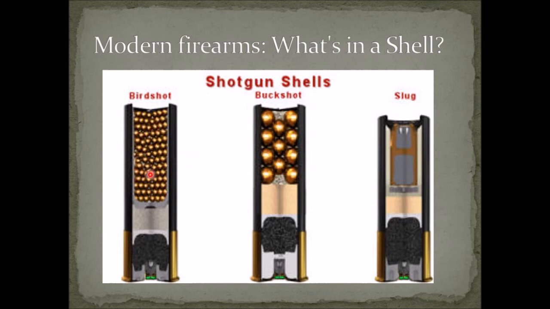So bird shot, obviously made to kill birds, very small, but lots of it. If I have 12 gauge, that means even though there's hundreds of shot in this single shell, it would take 12 of these shells to equal 1 pound. Does that make sense? Whereas buckshot, now I have much larger shot. Bird shot, made to kill birds. Buckshot, made to kill deer.